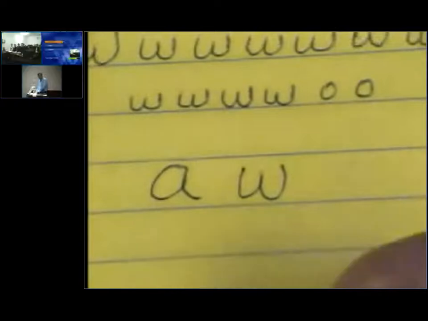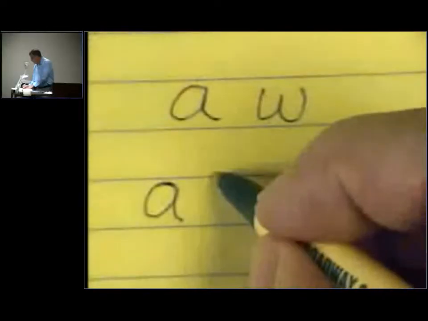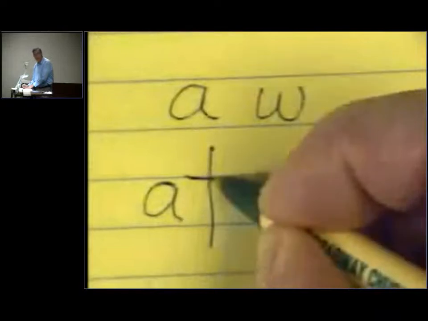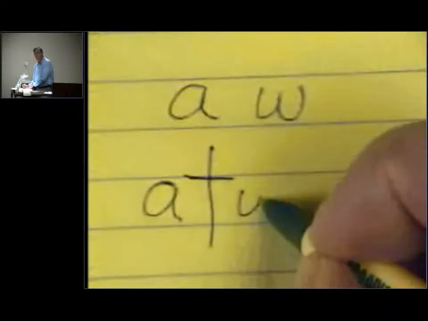In ancient baptistries sometimes you would find an alpha, and a cross, and an omega.